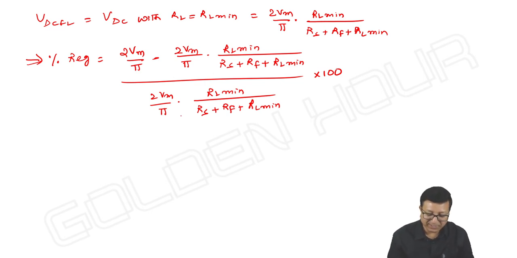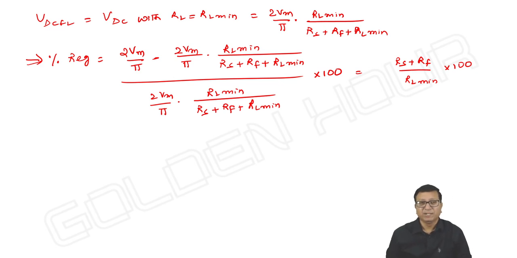And 2Vm by pi I can cancel in both numerator and denominator. Ultimately what you get is RS plus RF by RL minimum multiplied with 100. Final answer.